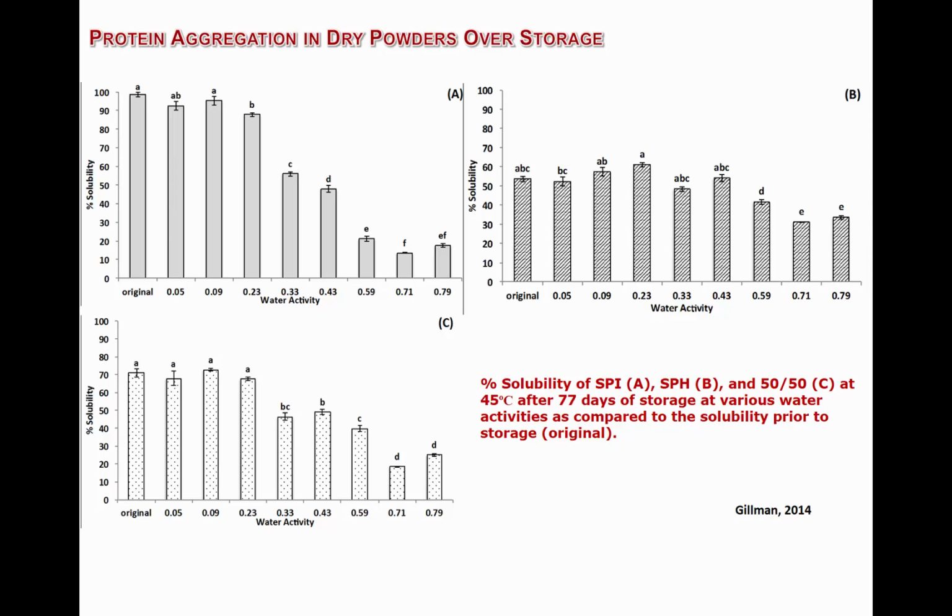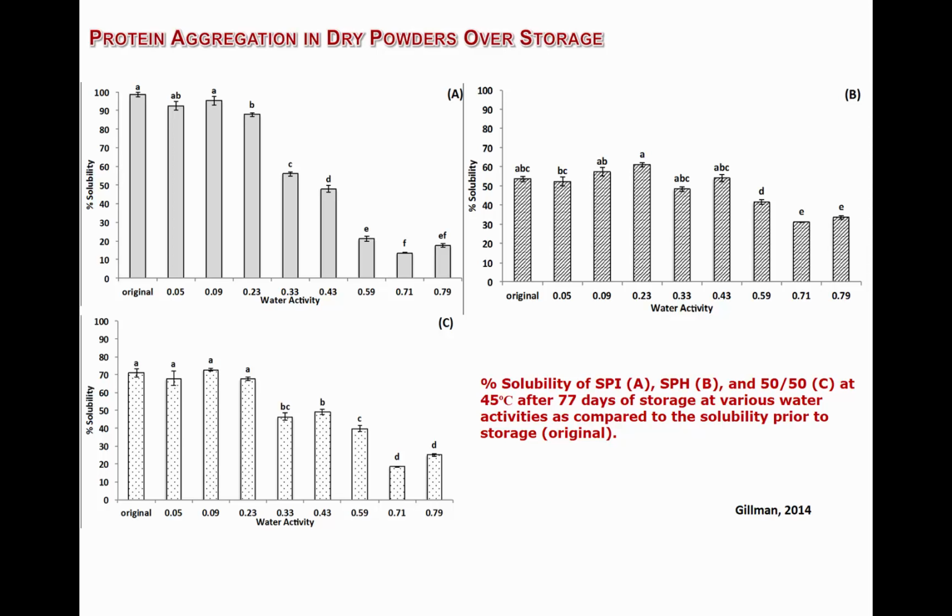So if you can see here, we started with a native protein. So it was very, very soluble. Over time and at higher moisture, you end up having caking and aggregates. So you see a drastic decrease from 100% way down to 20%.